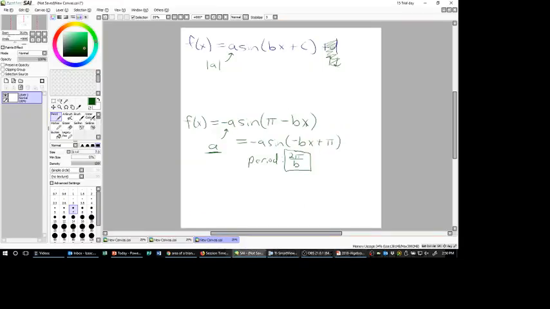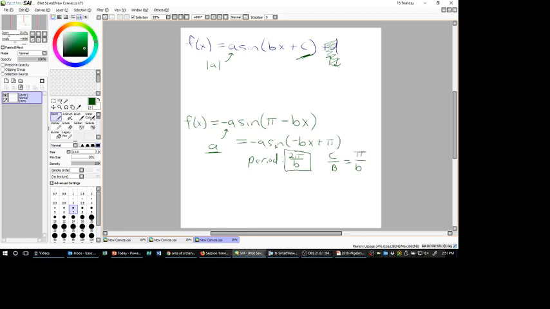This value over here, often referred to as C, is what we call a phase shift. If you want to shift the graph left or right, you're going to either add or subtract depending on which way you want it to go, and the formula for how much it's going to shift is C over B. In this problem, B is B, and C is pi.